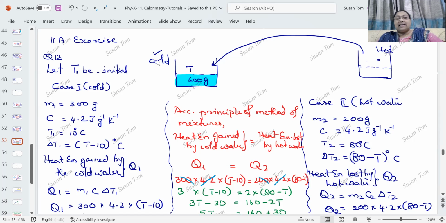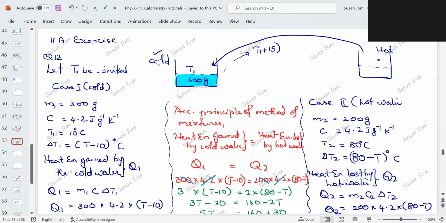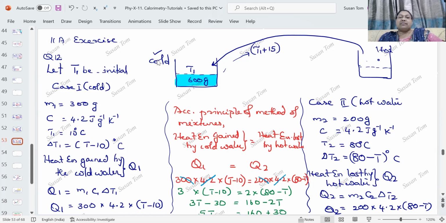So if it was at T1 degrees Celsius, whatever it is raising up is T1 plus 15, no? The final temperature you will assume is this one. It raises by 15 degrees Celsius when 300 gram of hot water at 50 degrees Celsius, which was initially at 50 degrees Celsius, is added to it.